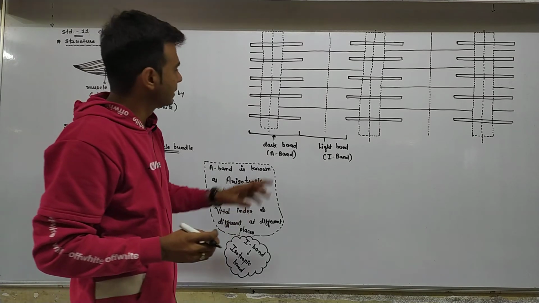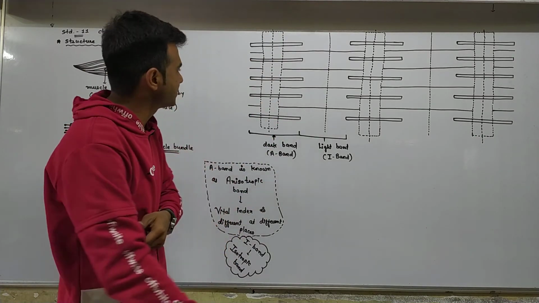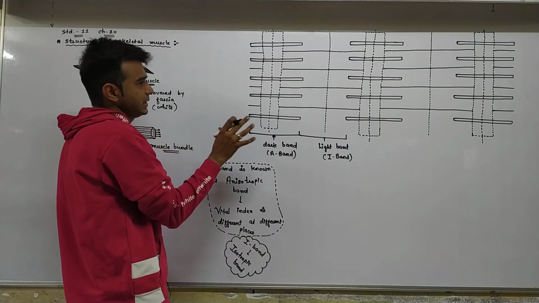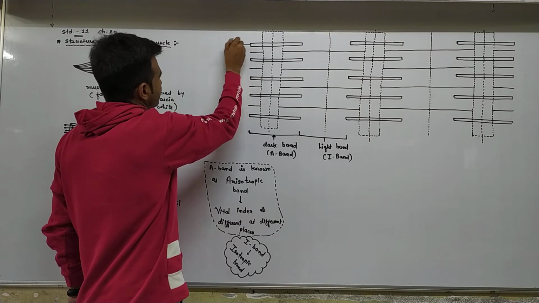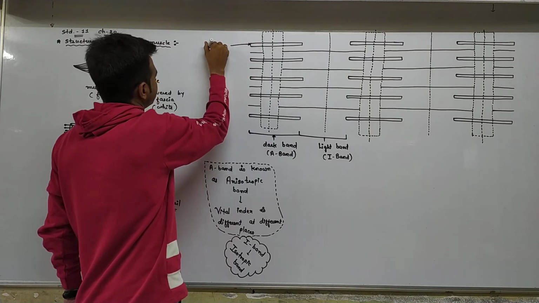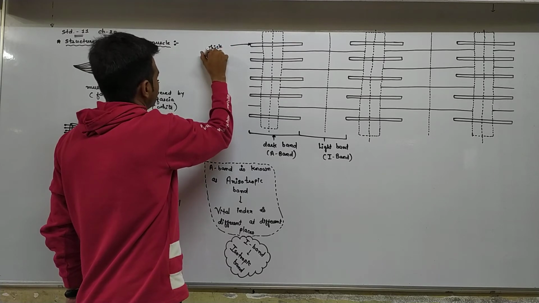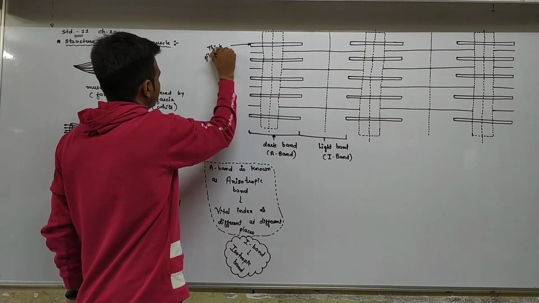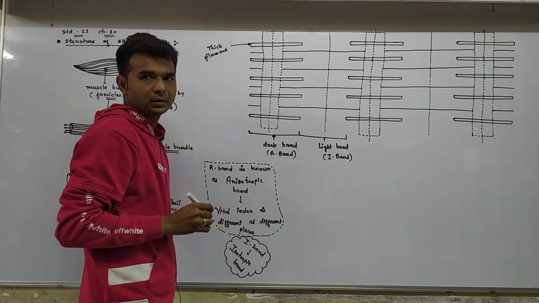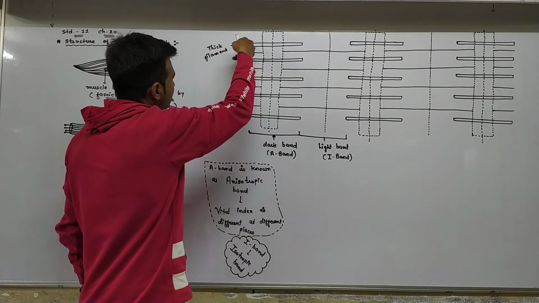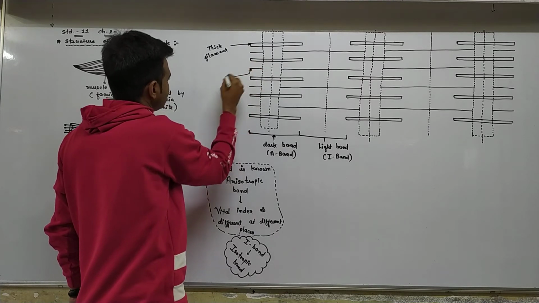The dark band, the A band, is made up of two filaments. Initially in the diagram we drew this as the thick band, or thick filament. Okay, and in between the two thick filaments, a single line is there, known as the thin filament.